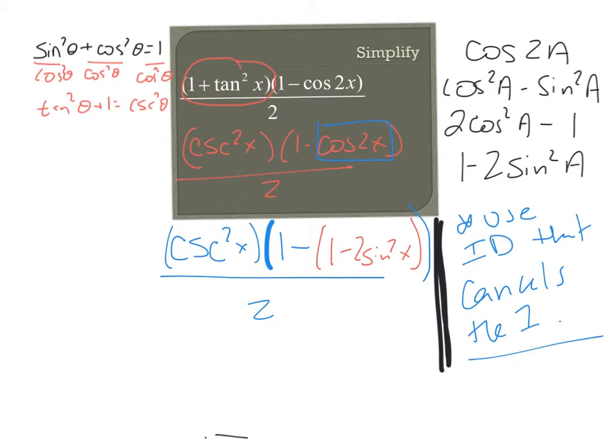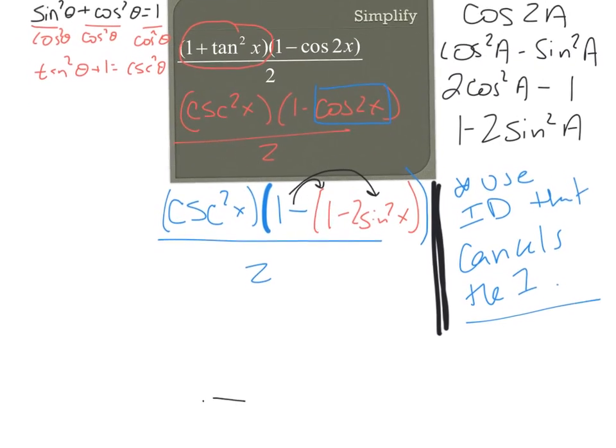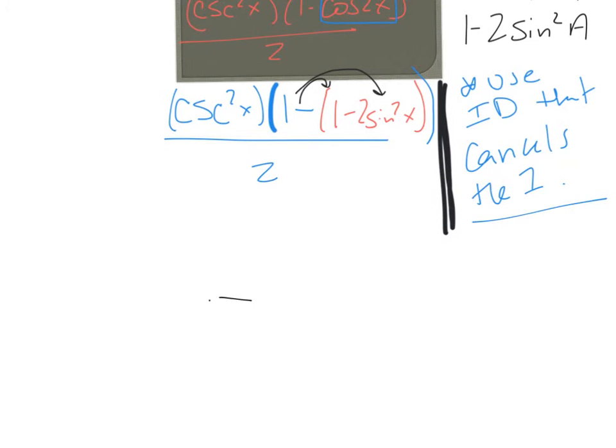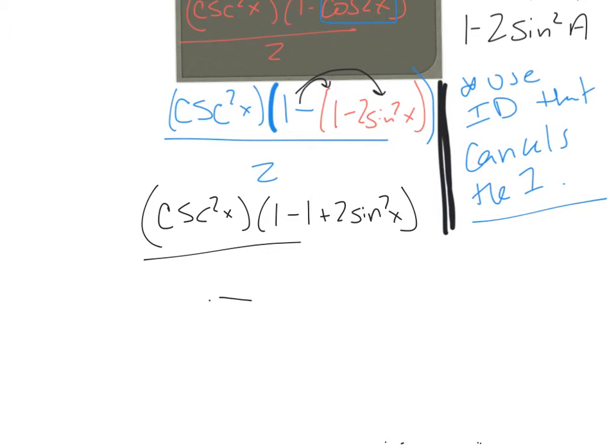Now this negative distributes, so what's going to happen here is we continue: this cosecant squared x isn't changing. I distribute the negative, so I get 1 minus 1 plus 2 sine squared x, all divided by 2.